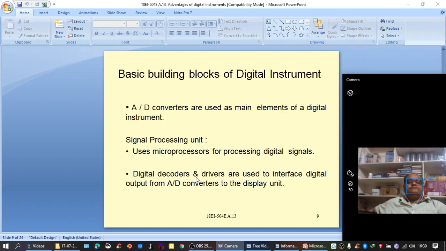Digital decoders and drivers are used to interface digital output from A to D converters to the display unit. So the output of A to D converter is processed, and using decoders and driver circuits, it will produce an output which drives the display unit, to produce a numeric display. That is, the output would be in the form of numbers.